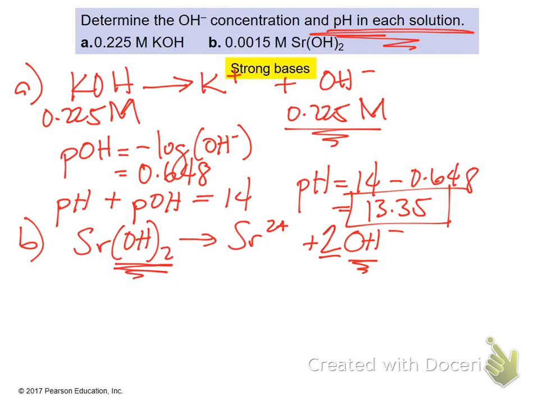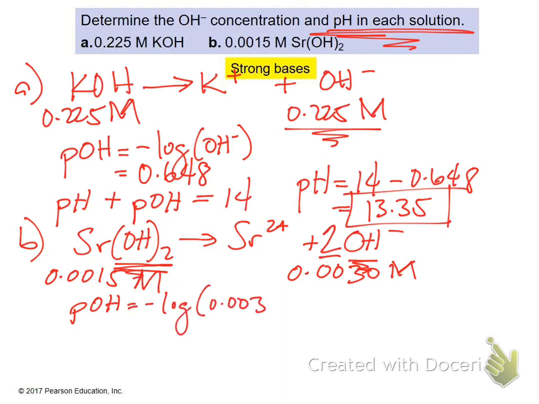And so if we have 0.0015 molar of strontium hydroxide, we multiply this number by 2, which is going to be the concentration of the hydroxide ion, which is 0.0030. Now we can find the pOH and then the pH of the solution. So pOH is the negative log of 0.0030, which is 2.52.